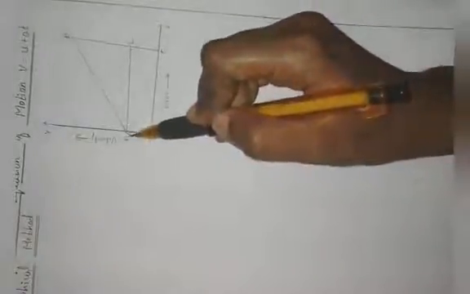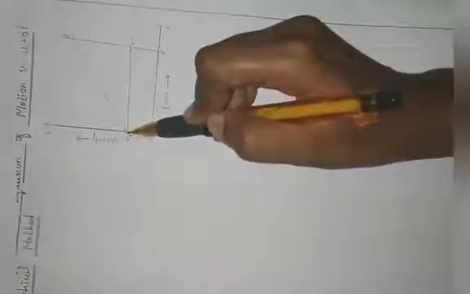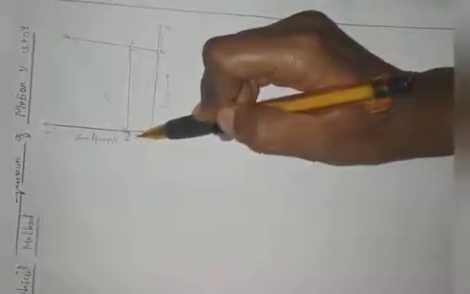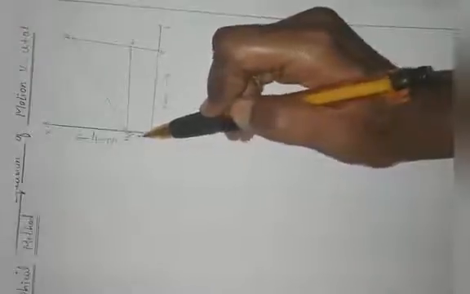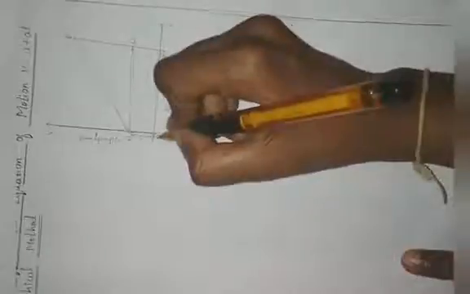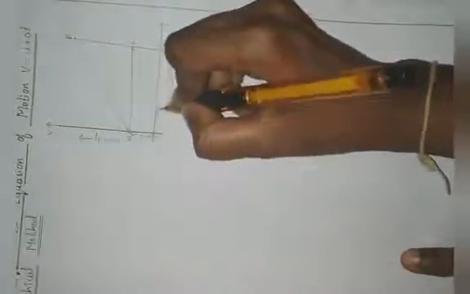The initial velocity of the body is at A, that is U at point A. The initial velocity of the body is U at time zero. So this is O, and this is t, the time interval t.